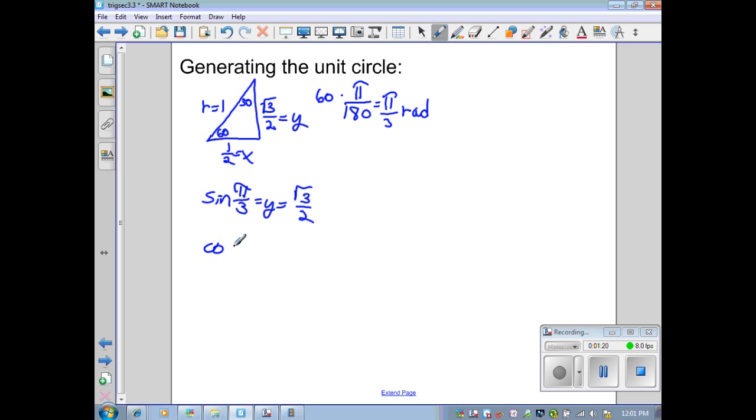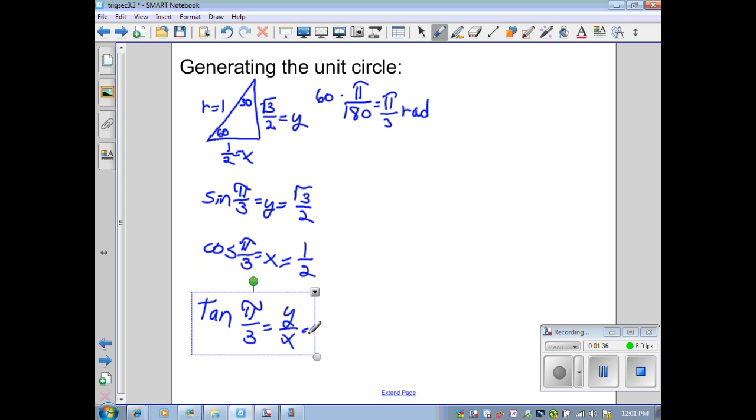Cosine of pi over 3 is going to be my x value, which is 1/2, and tangent of pi over 3 is going to be y over x, which equals the square root of 3 over 2 divided by the x, which is 1/2.